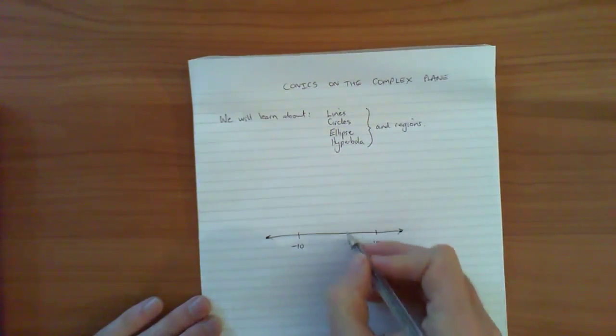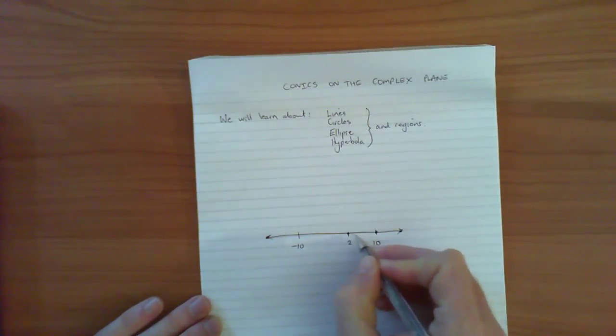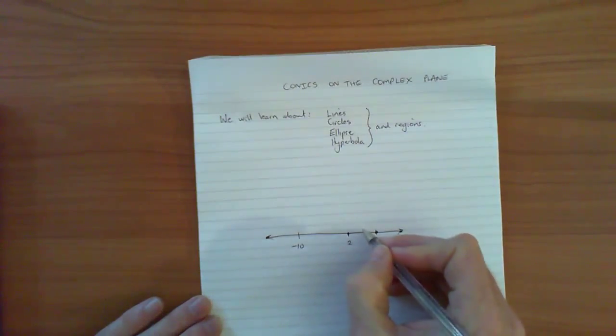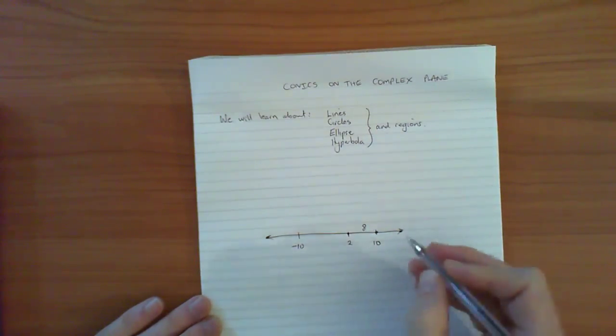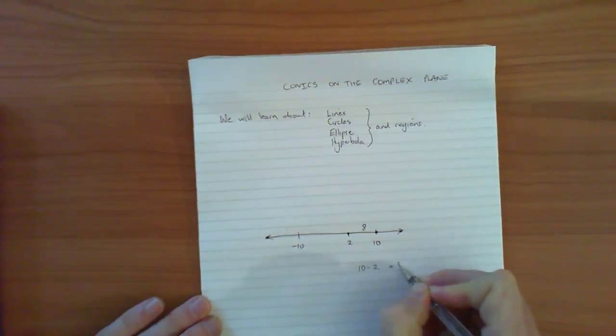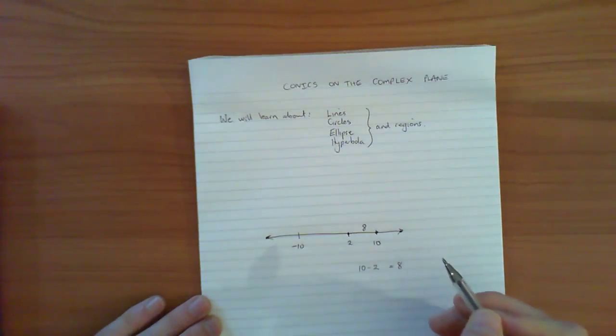If I was to ask you what is the distance between those 2 points, you'd probably very quickly tell me that it's 8, because you just go 10 minus 2. Okay, so I'll just write that down. 10 minus 2 is equal to the distance between those 2 points.